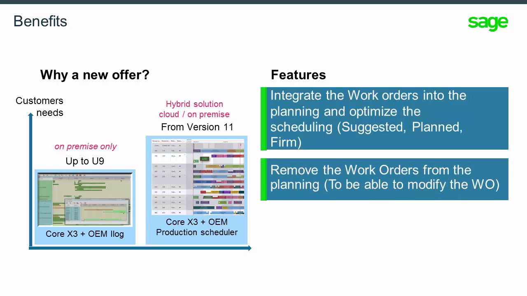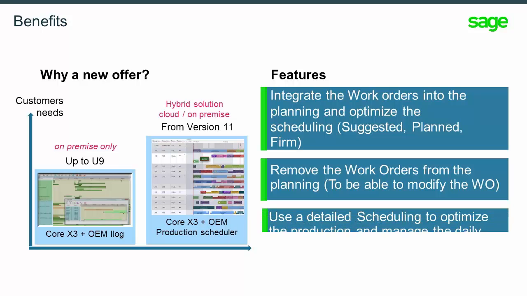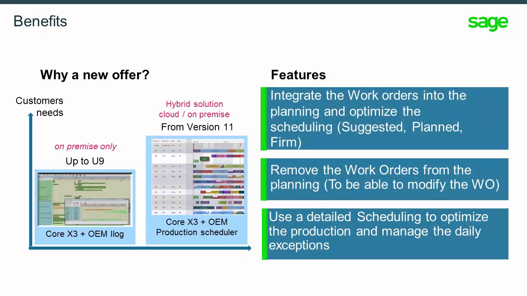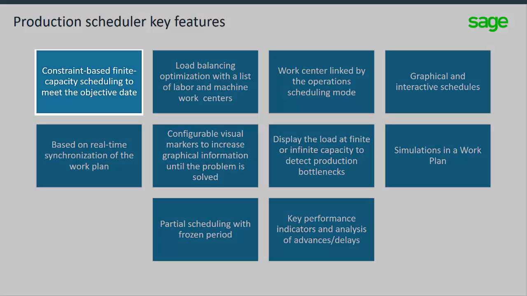Sage X3's new production scheduler offers powerful functionality for manufacturers to control lead times, accelerate production cycles, increase the flexibility and adaptability of their production schedule. As an OEM solution, the product is supported by Sage, and setup is done by the same team that implements Sage X3.